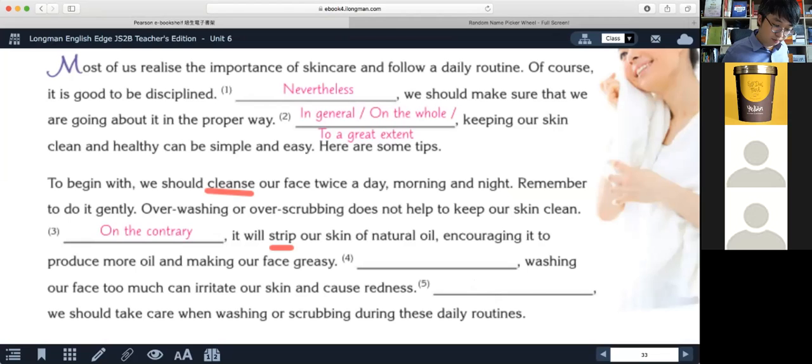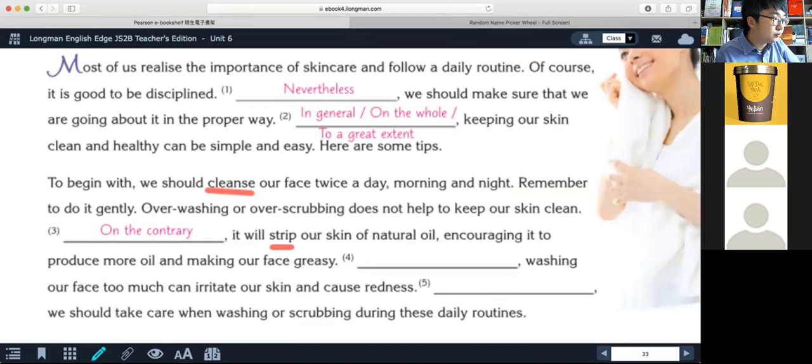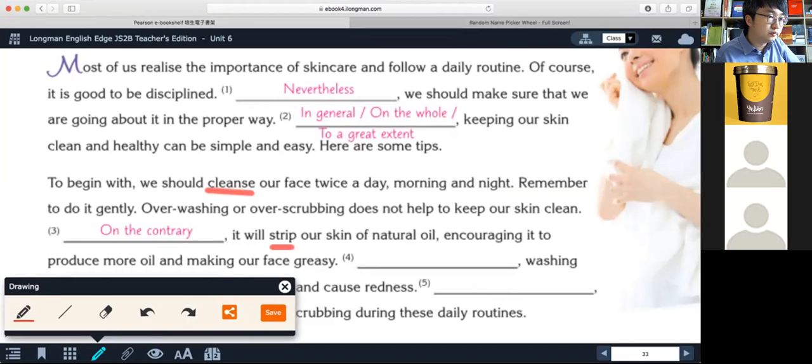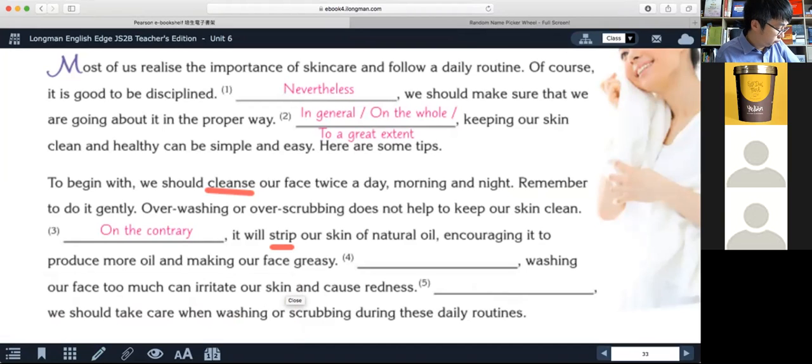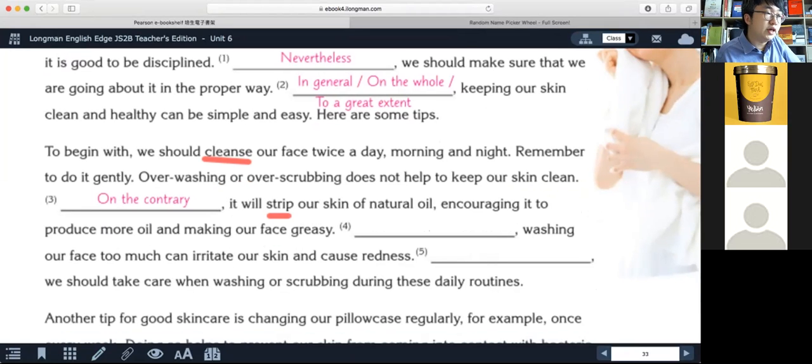Hello. Yes, please go on. In addition, washing our face too much can irritate our skin and cause redness. Go on. In short, we should take care when washing our scrubbing during these daily routines. Routines.